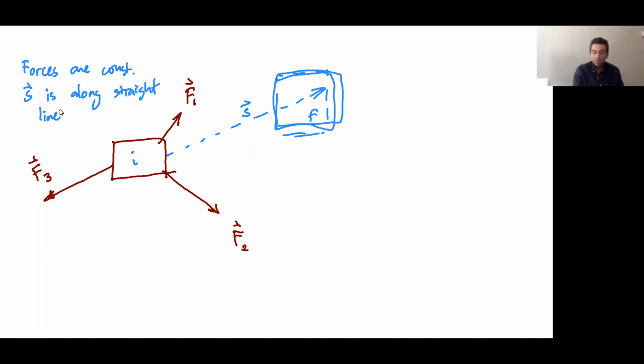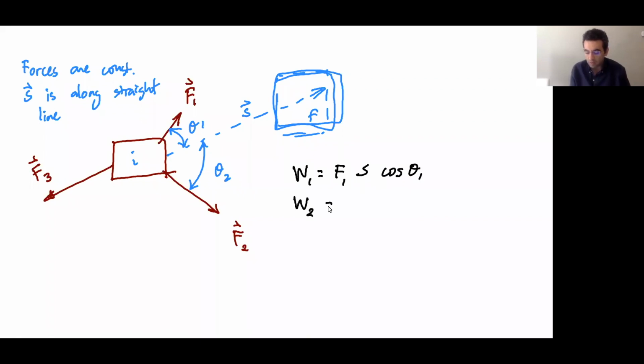Then we can always say that the work done by each of the forces is, so the work done by the force F1 is equal to the magnitude of F1 times the magnitude of the displacement times cosine the angle between the force and the displacement. And the work done by force 2 is F2 times the displacement times cosine the angle. And force 3 is the same thing, right?